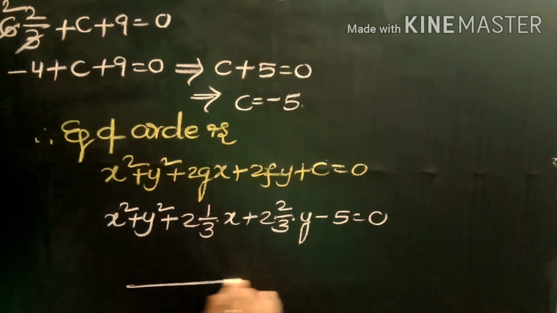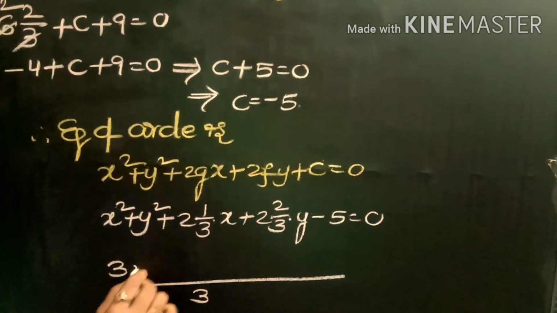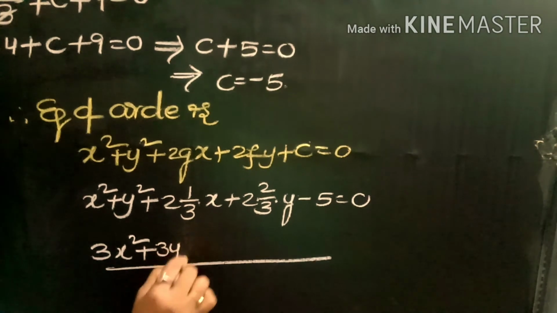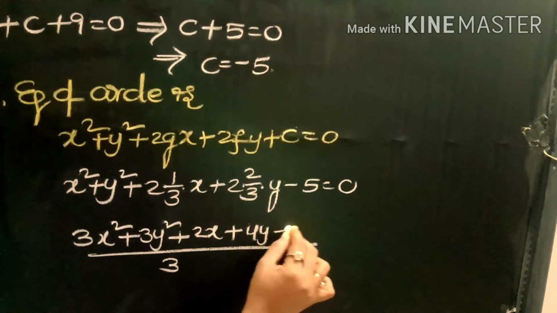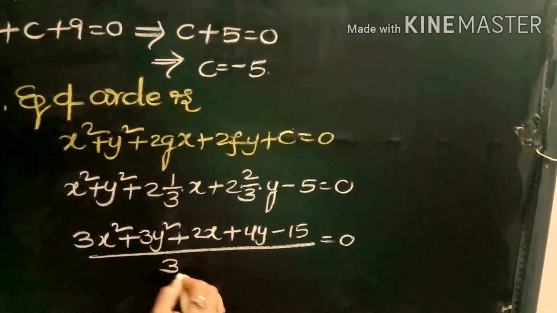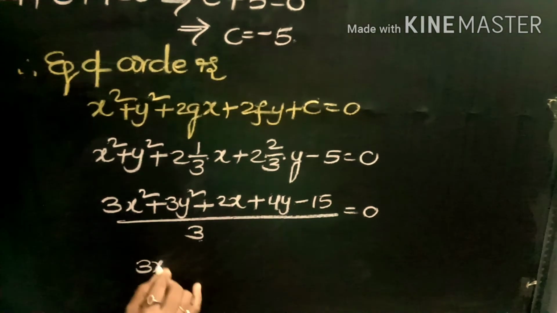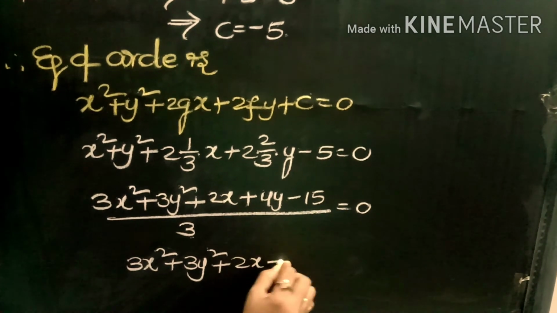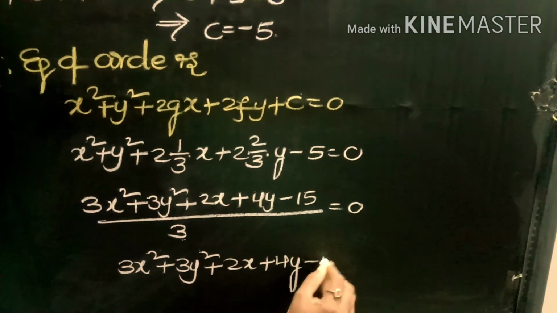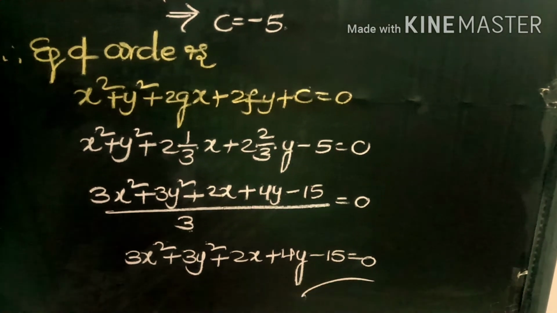Now taking 3 LCM, so 3x square plus 3y square plus 2x plus 4y minus 15 equals to 0, 0 into 3 becomes 0. Therefore, equation of circle is 3x square plus 3y square plus 2x plus 4y minus 15 equals to 0, which is the required answer. That's all.